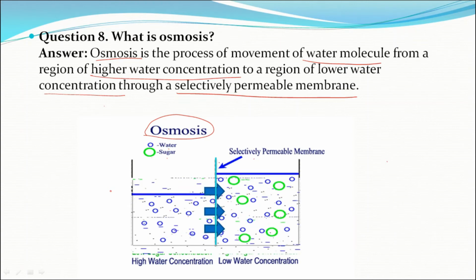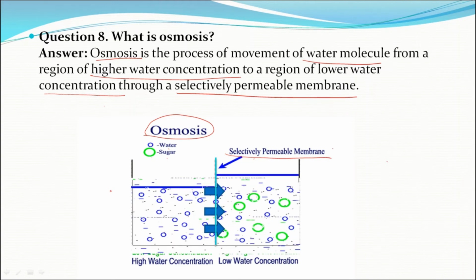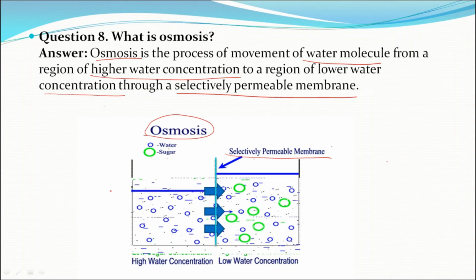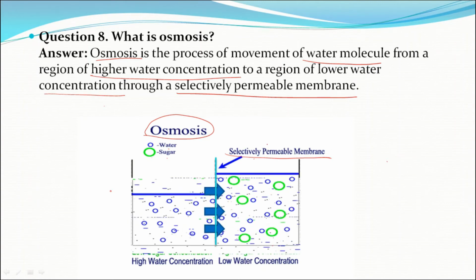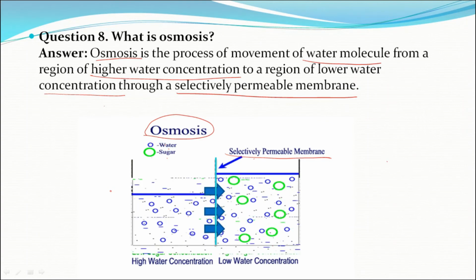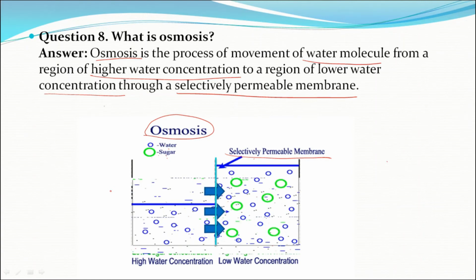This system is separated by a selectively permeable membrane. What is it? Which allows entry and exit of some substances, not for all. It permits only some of the substances. Here, the blue circle represents the molecule of water and the green circle represents molecule of sugar.